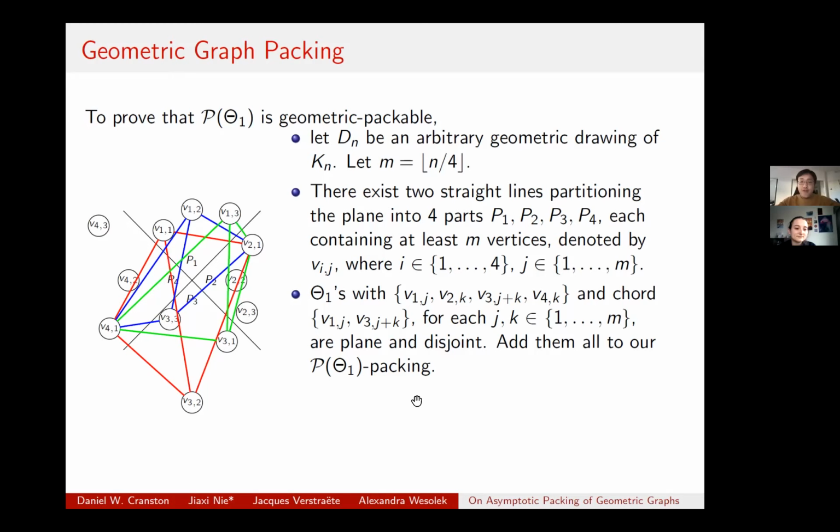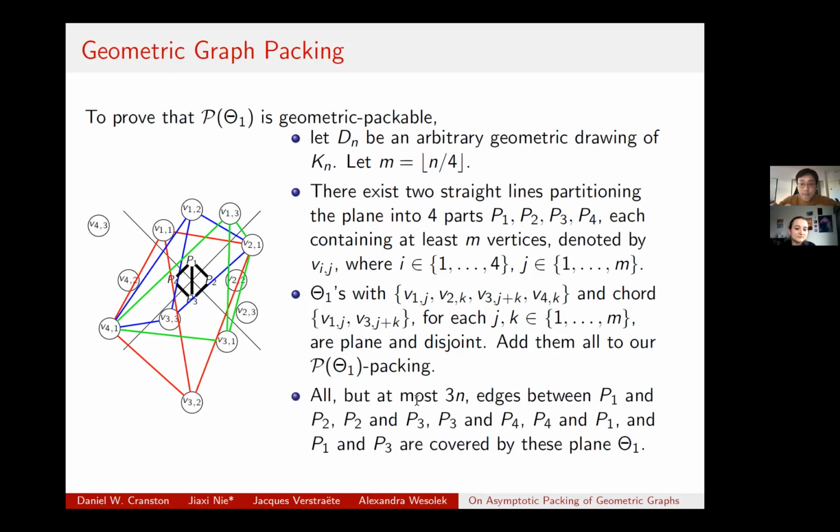Now if we also vary K, it's not hard to see that all the edges between P1 and P3, P1 and P2, P2 and P3, P3 and P4, P4 and P1 are covered by these edge disjoint theta 1s, all but at most 3n.